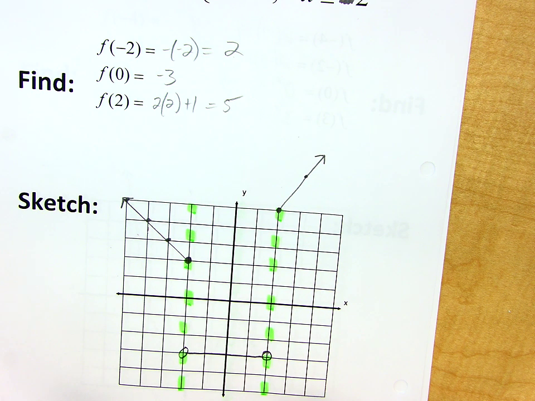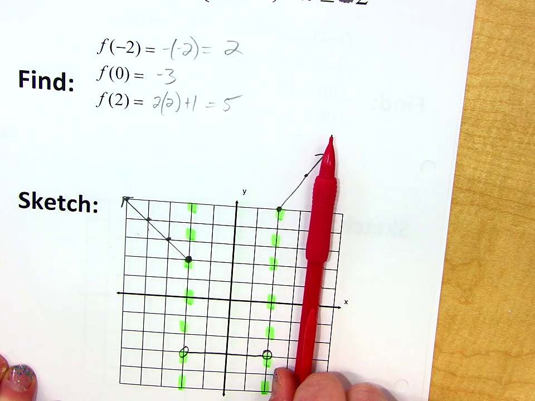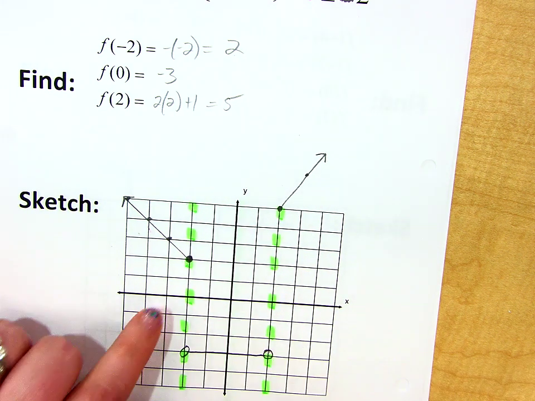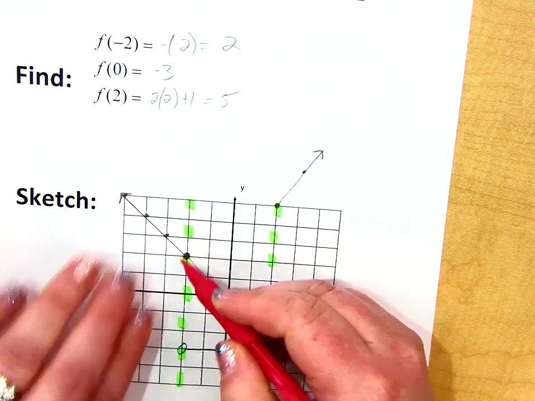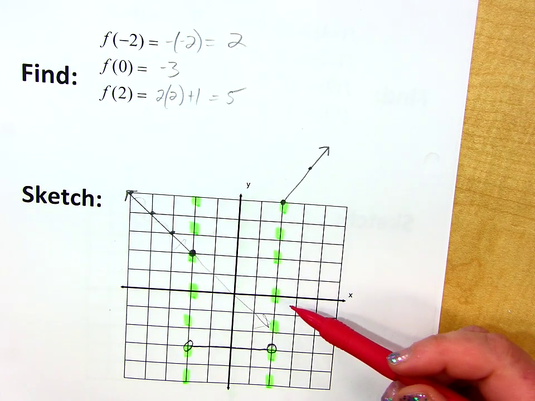Another thing you should do when you finish your graph, make sure you do your vertical line test. I cannot tell you how many kids do this. They'll graph this one the wrong way. So they'll have this going in this way and they won't have this part. I don't know, because they get all mixed up in their brain.